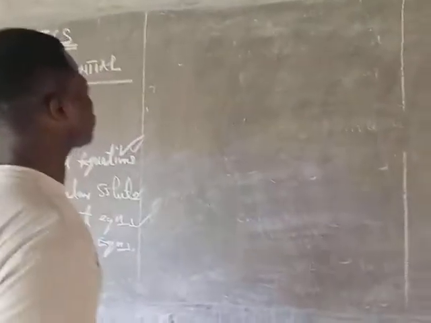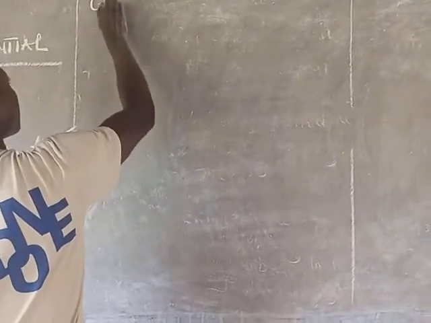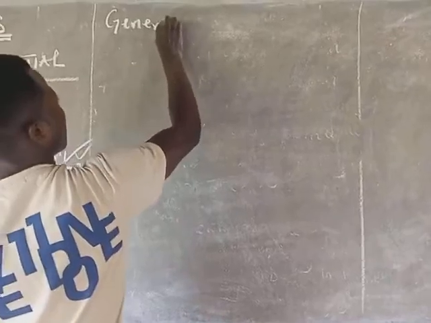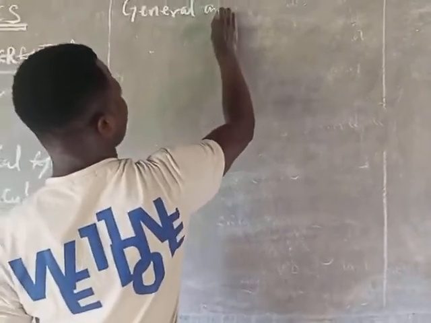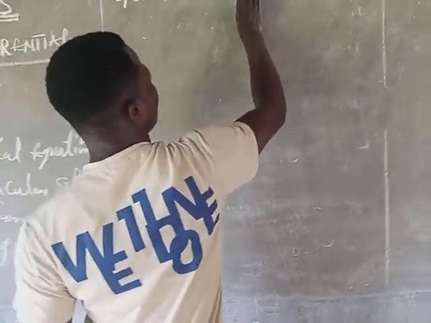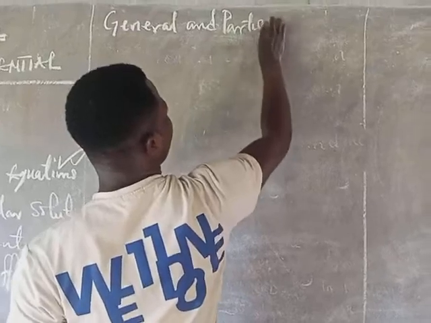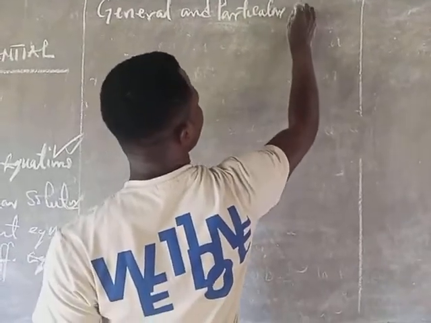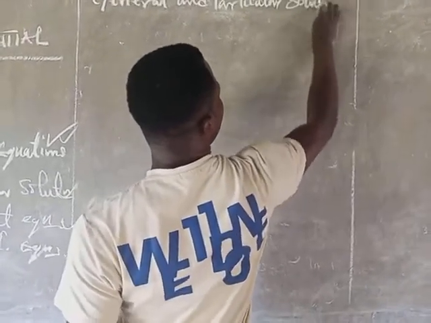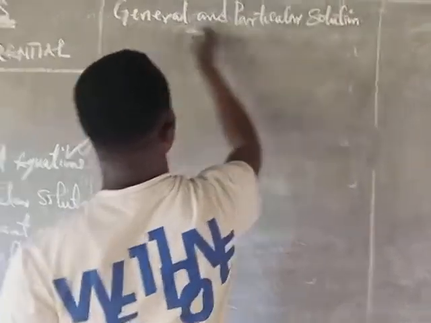What do we mean by general and particular solution?